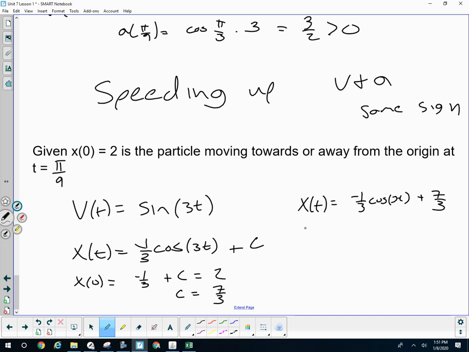I plug in pi over 9 to find my position. Cosine of pi over 3 is 1/2. So I got negative 1/3 times 1/2 plus 7/3.